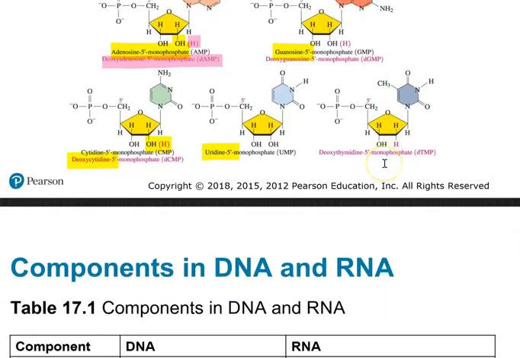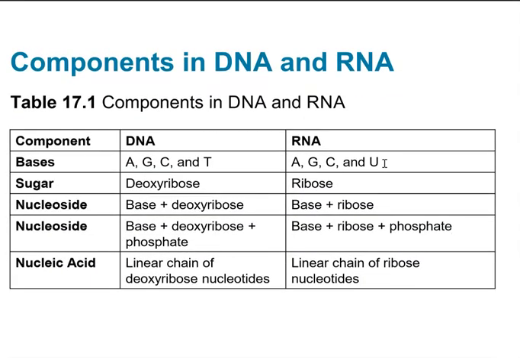Which brings me to the summary of what we just discussed. Okay, so this is the summary of components. You should know the difference between the DNA and the RNA in terms of the composition. In RNA, there's U instead of T. And there's a ribose instead of deoxyribose.